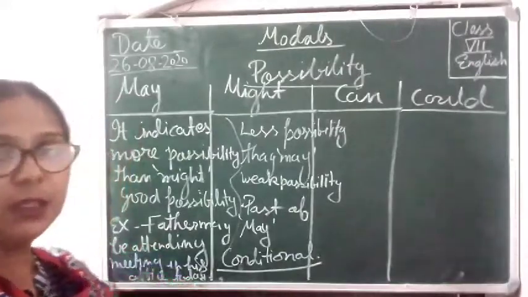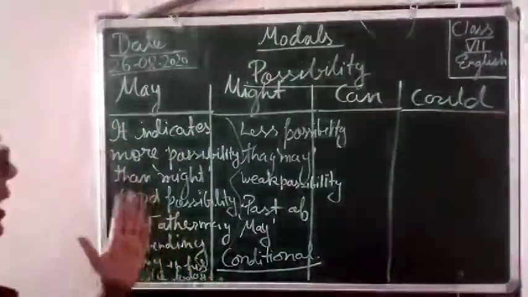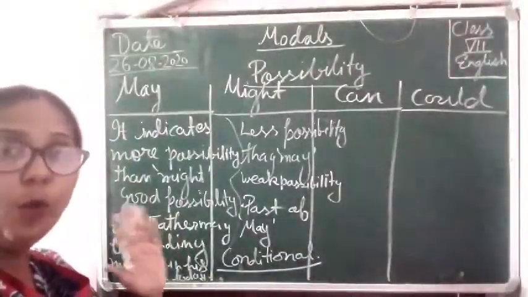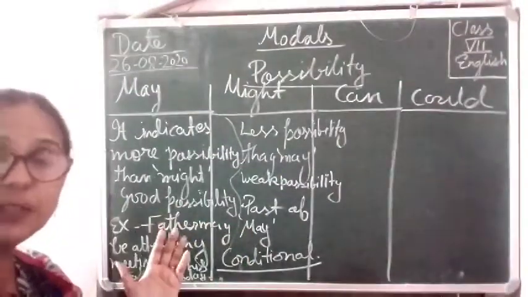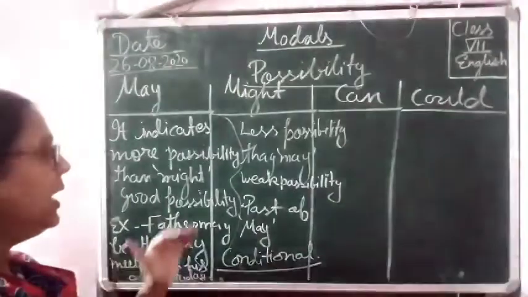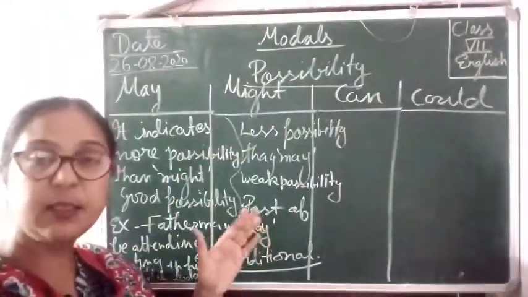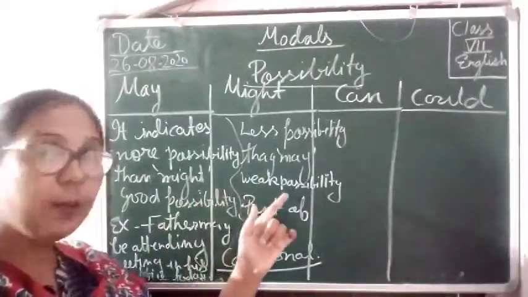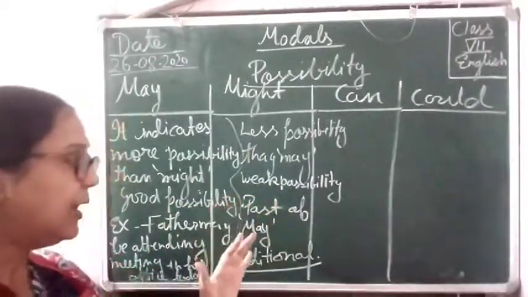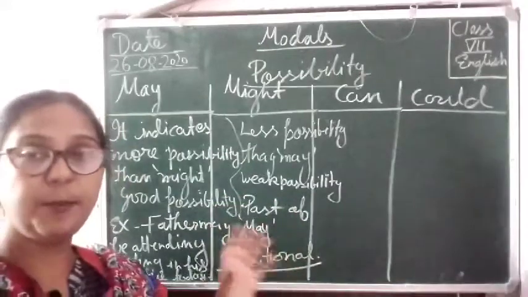Now we have understood that may has more possibility than might, and it is called good possibility. Might is less possibility than may, and we can say weak possibility. Sometimes it is used as a past tense of may.